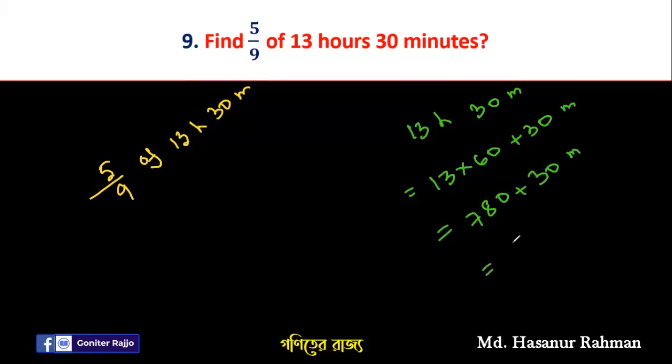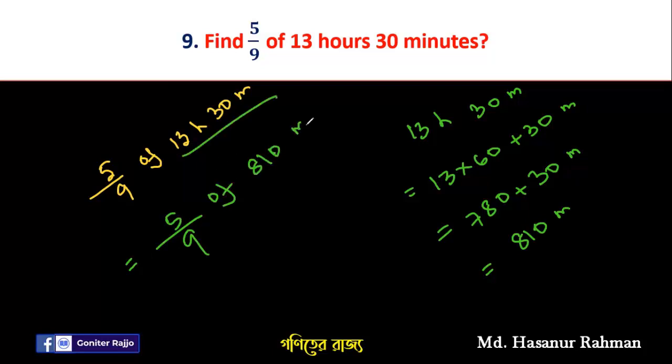So 780 plus 30, that is 810. So instead of this one, we can write 810 minutes.